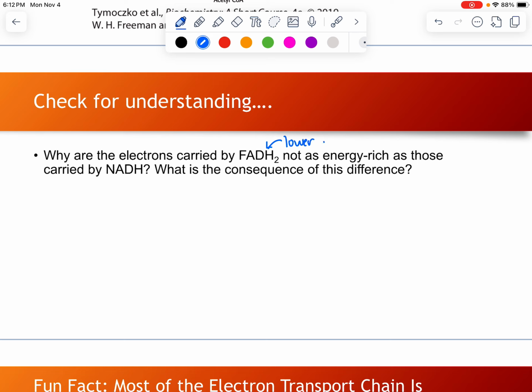There's not as much difference between the FADH2. The NADH gives off more energy when it gives those electrons away. And the net result, after we finish looking at all of these cycles, is that less ATP will be synthesized from the oxidation of FADH2 as compared to NADH.